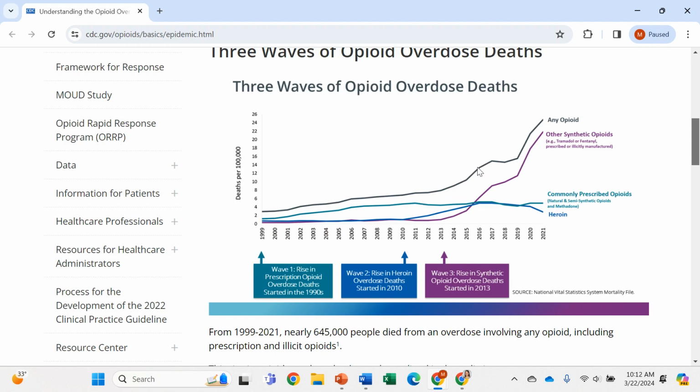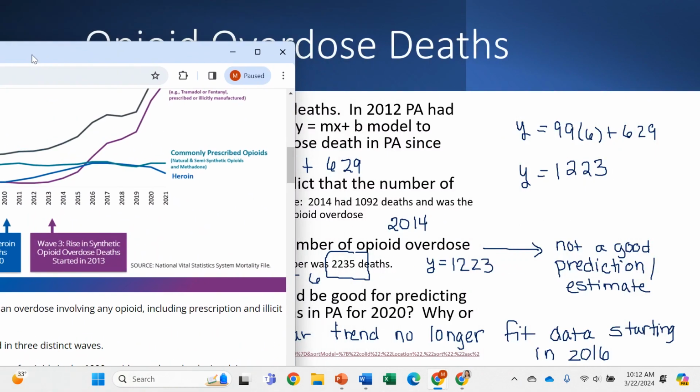Then we see a little flattening, and again it goes up really high with the pandemic. So not only does the data no longer fit the line, but in 2020, with the pandemic, we have a change in our culture and our history that would also make any previous estimate off. So we have two reasons why we cannot use this to predict 2020.